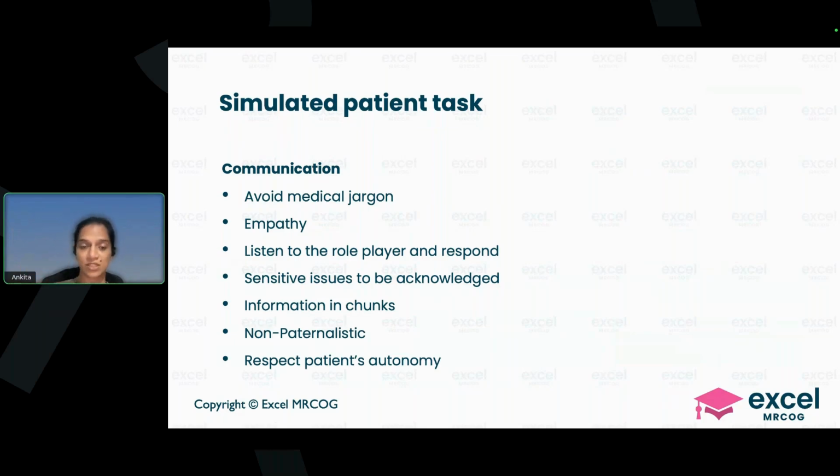Whenever you tell the patient in the beginning, like in the labor task we discussed just now, she says, no, no, no, I want a normal vaginal delivery, I don't want an instrument. You calm her down. You tell her, don't worry, your wishes would be respected. Please hear me out regarding your options.